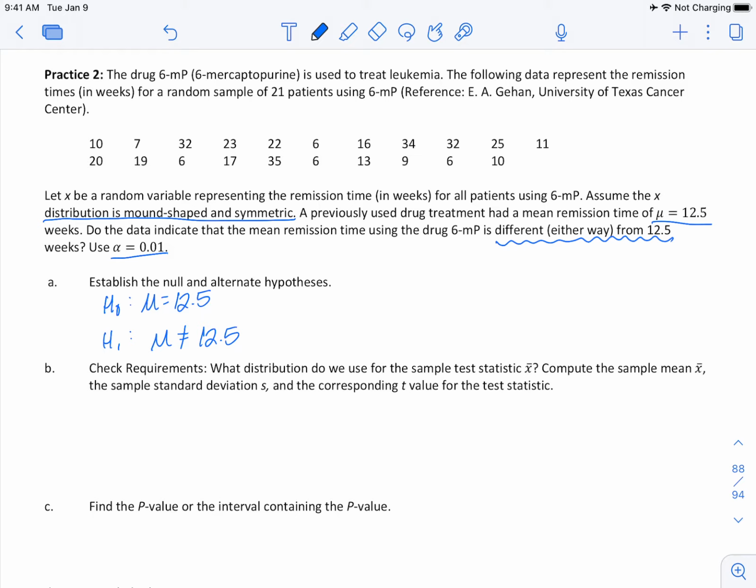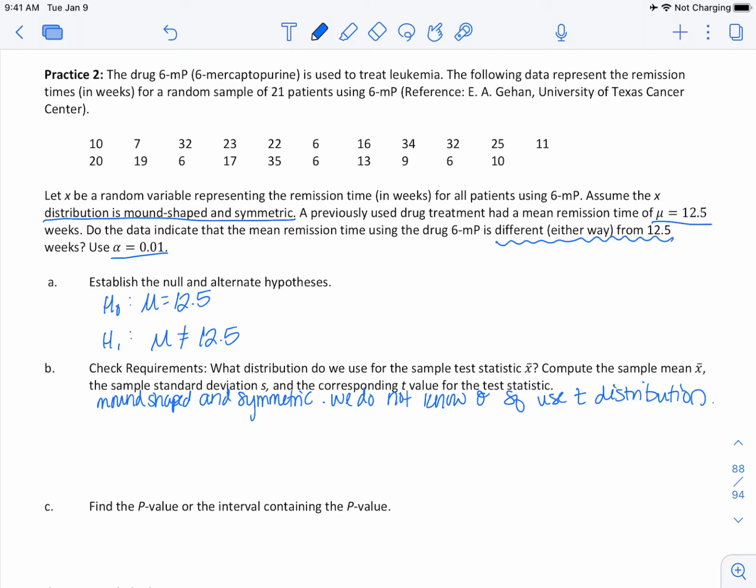Okay, so it's mound shape and symmetric. We do not know sigma, so we're going to use the t-distribution.